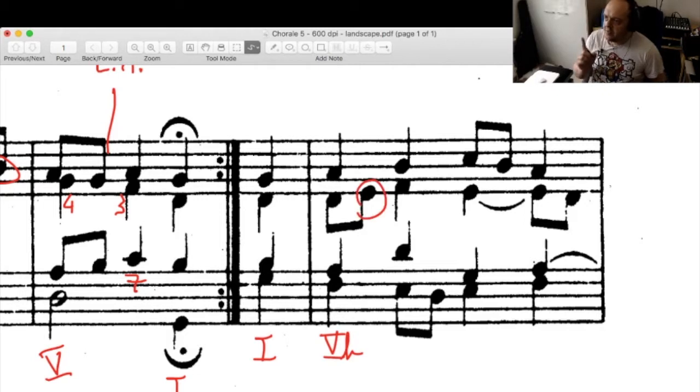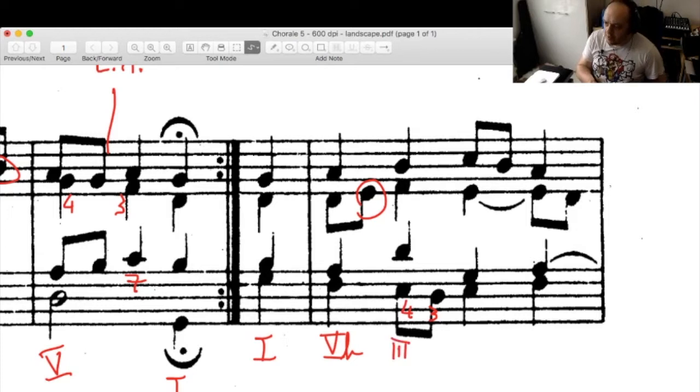What do I have there? An appoggiatura in the bass. That's a 4-3 of B minor. That's 4-3 of B minor, so that's chord 3.